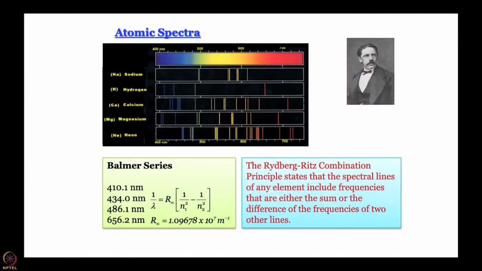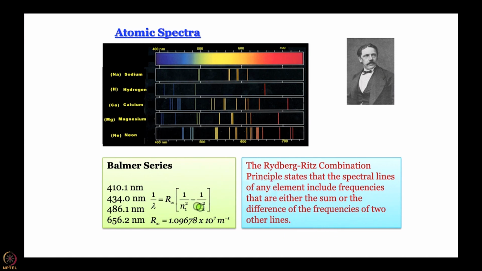Now, even before a theoretical formulation to explain this was worked out, experimentally, looking at the energies where the emissions take place for different atoms, an empirical formula was already there. And this empirical formula was called the Rydberg formula. It is based on the Rydberg-Ritz combination principle that states that the spectral lines of any element include frequencies that are either the sum or difference of frequencies of two other lines.